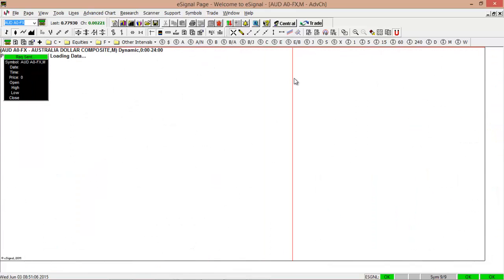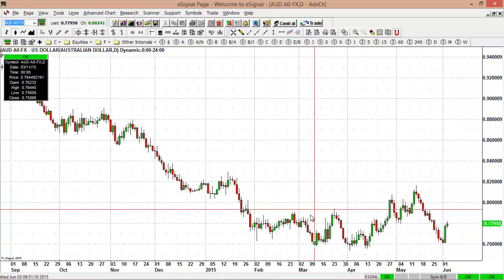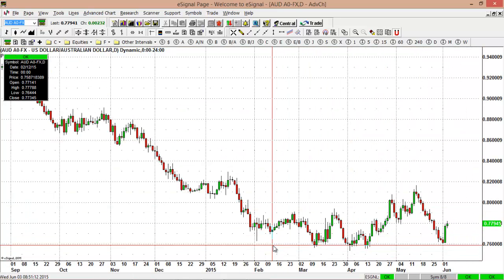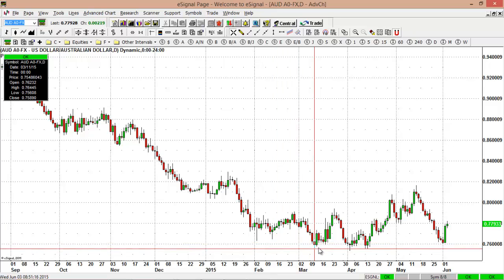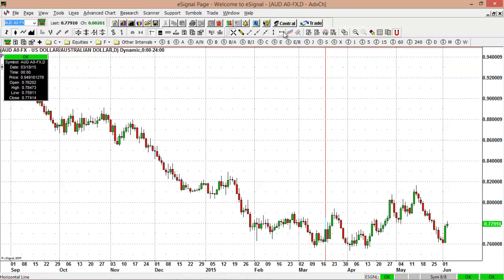Okay, another market of interest is the Australian dollar, where the market came down to the previous area of support near the 76 level and has turned around slightly.